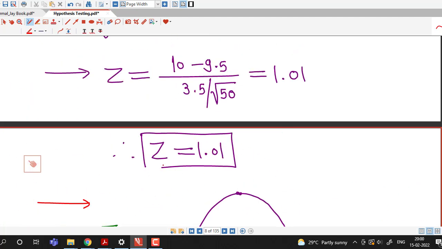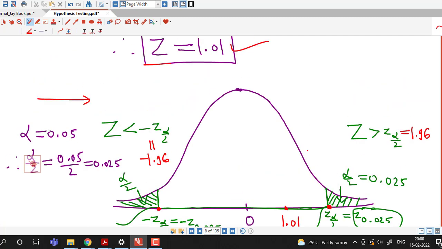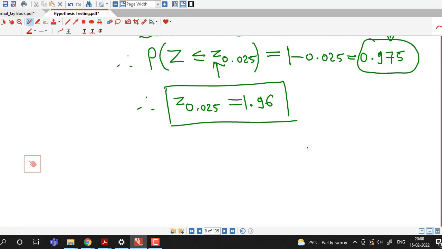Here the value which we have calculated is 1.01 and it is in between these two values. Or we can say that the value of the Z statistic does not fall in the rejection region. Therefore the null hypothesis cannot be rejected.